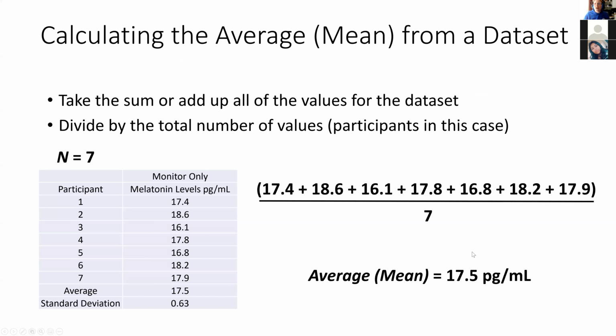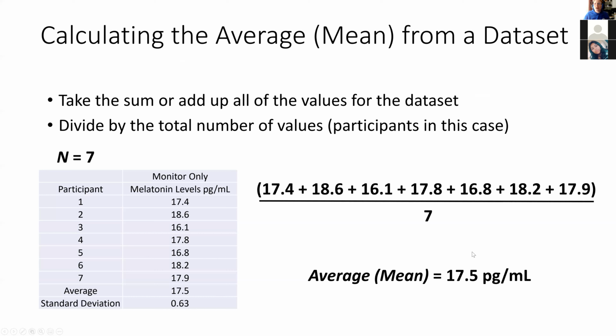So calculating the standard deviation is a little bit more difficult. We tend to use this equation here, and you had a StatQuest tutorial that talks about the standard deviation and using these calculations, right?